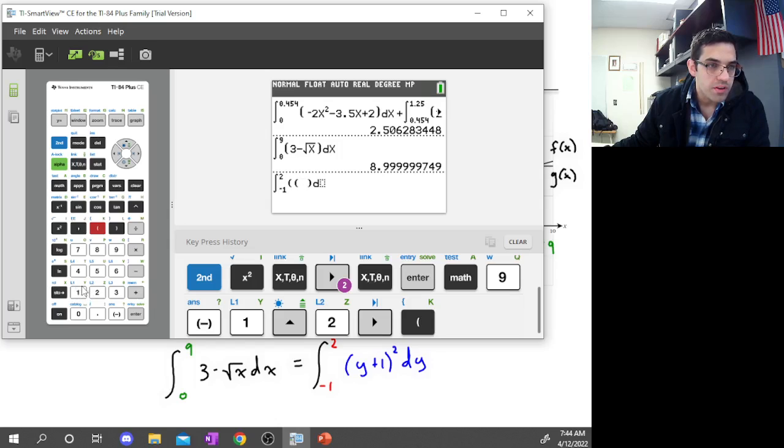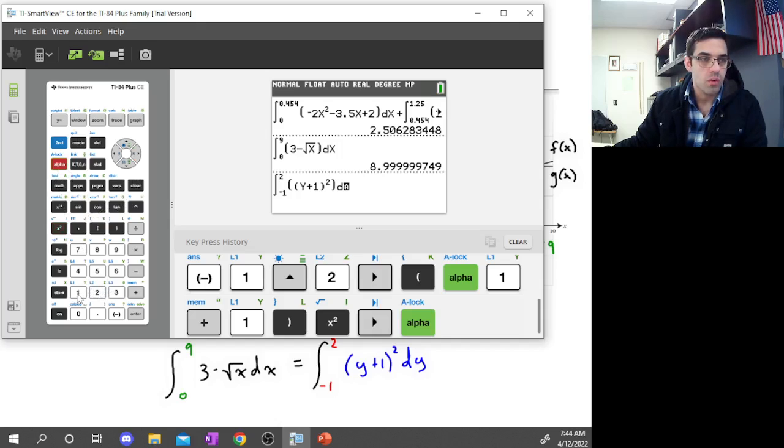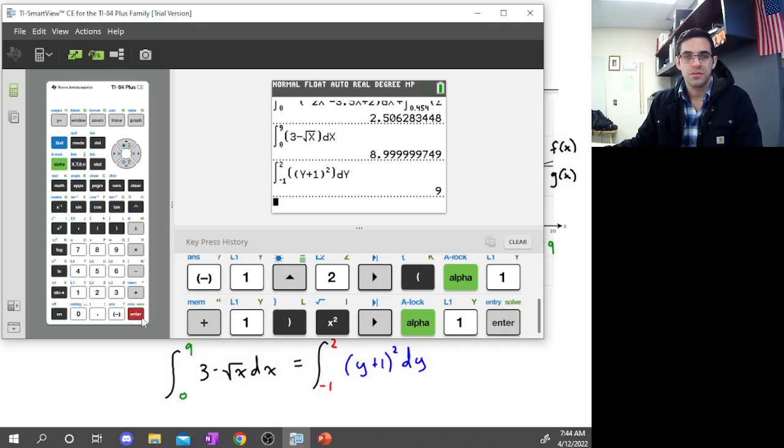I need to use alpha. There's my green y right here on the 1 button. So I'm going to use alpha y plus 1, close bracket, quantity squared, and we're integrating with respect to y. So alpha 1 is going to give me that y again. We'll enter, and we'll see if we get 9.